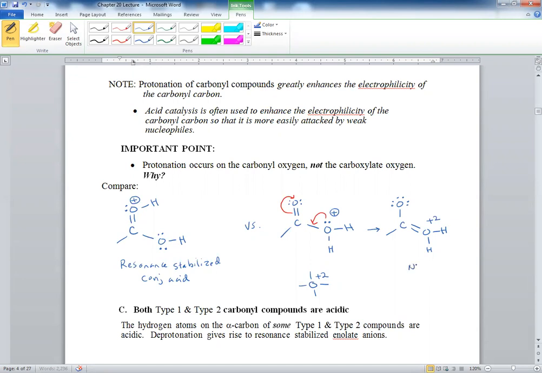So this is not plausible. So this one, therefore, is not resonance stabilized. So we can ignore this one.